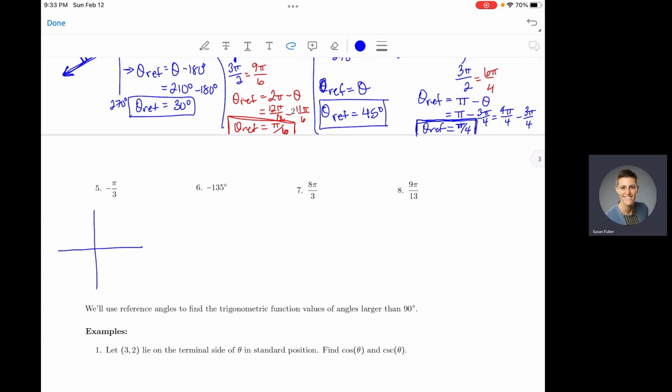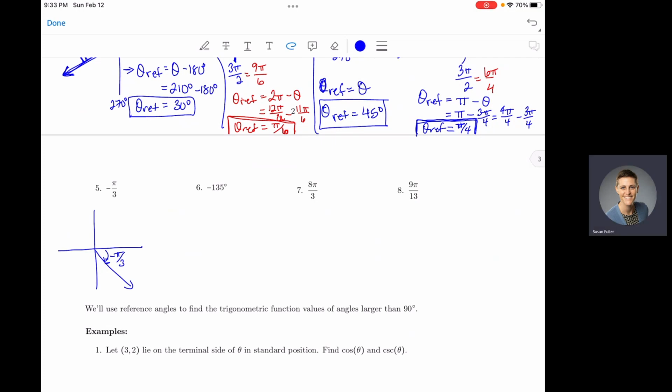So negative pi over 3 radians, where does that live? Well, I know it's going to be a negatively rotating angle, and it's going to rotate through pi over 3 radians, which is 60 degrees. So I'm going to be down here. This is negative pi over 3 radians.